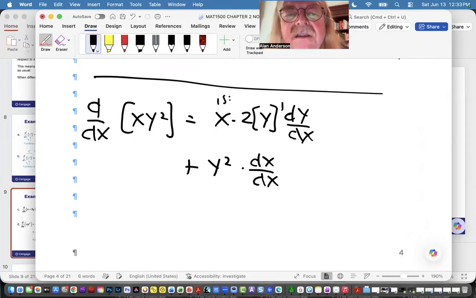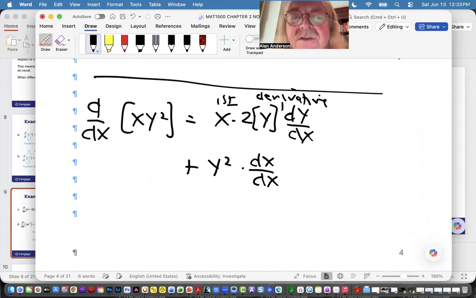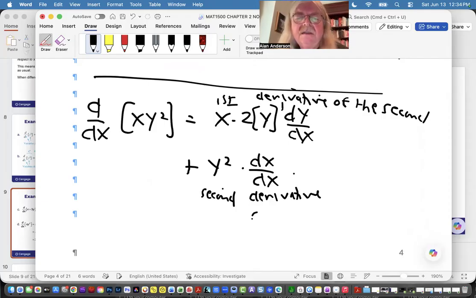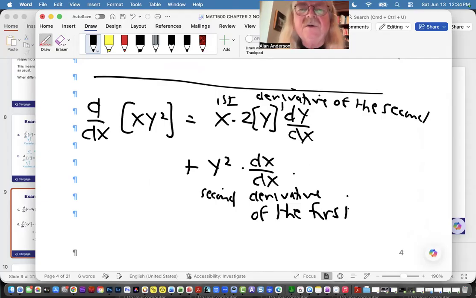First times the derivative of the second, but using implicit differentiation, it's not just 2y, it's 2y dy dx. That's the unique part. This is what's new to this compared to what we've done in the past. And then down here we have the second times the derivative of the first. And then we just simplify it, of course.